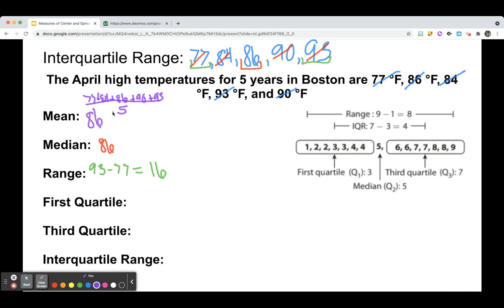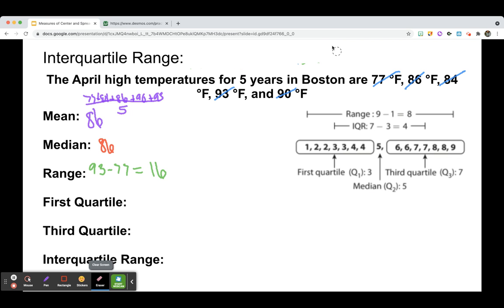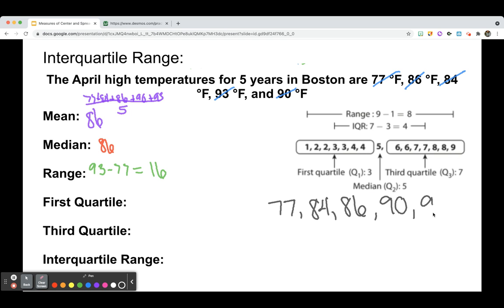Okay, now we need the first quartile. The first quartile is basically the median of the first set. So let me rewrite the numbers down where I don't have everything crossed off. We had 77, 84, 86, 90, 93.